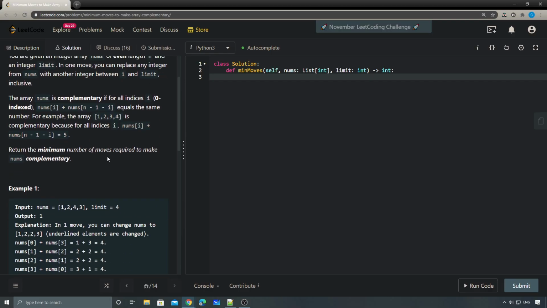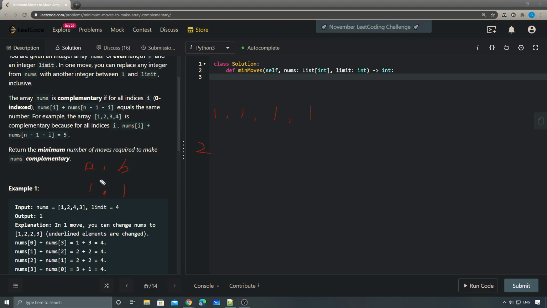For each of the pairs, we can always change those two numbers a and b to one and one, right? So which means that in that case, basically all the numbers become all one, so that each pair's total sum will be two by changing this a and b to one.